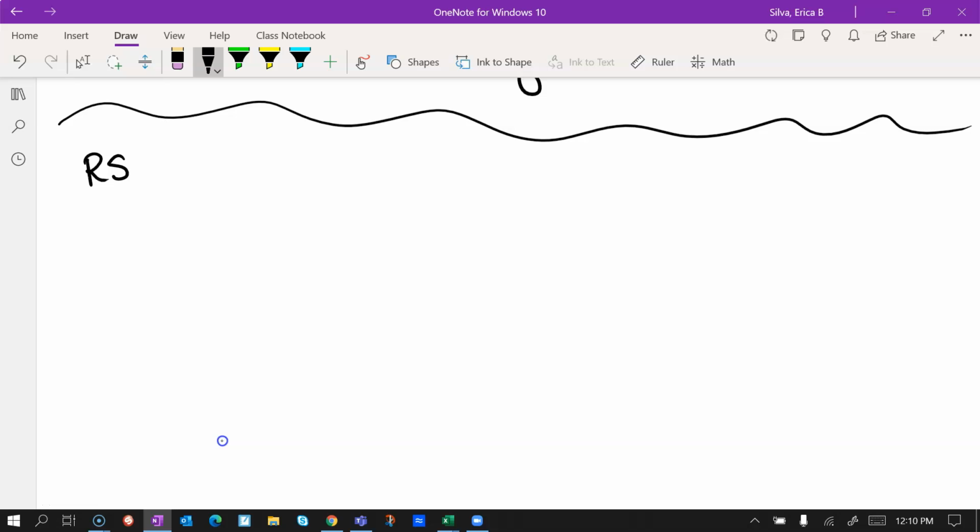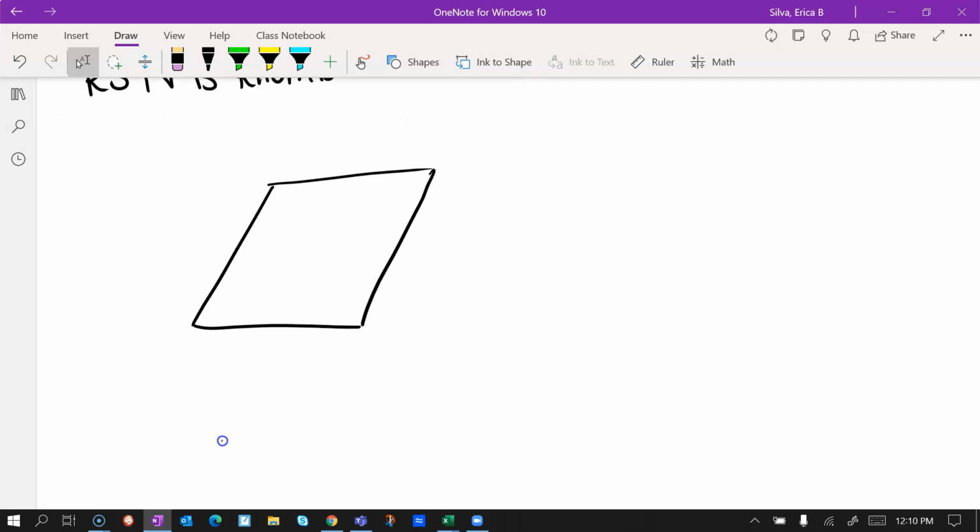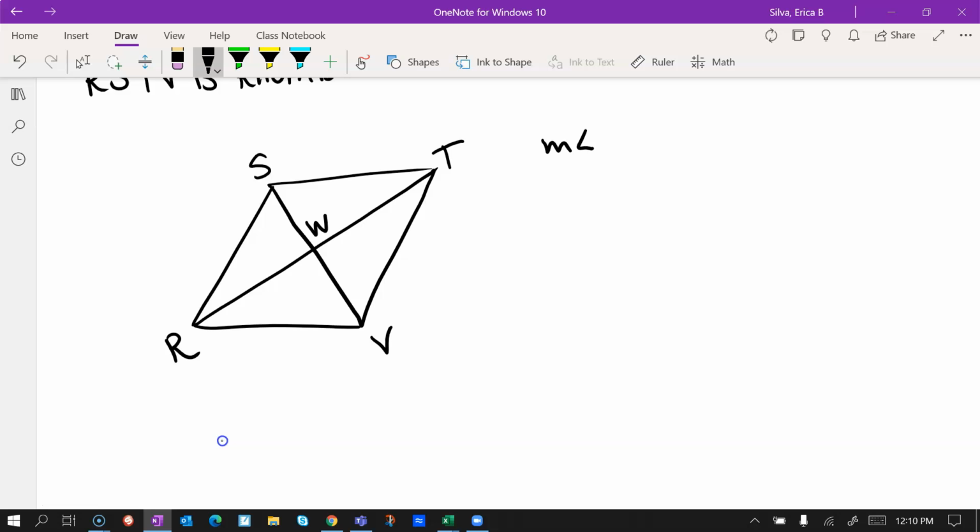We have rhombus RSTV, and the diagonals bisect at W. The information given is that the measure of angle SVT is equal to 55 degrees.